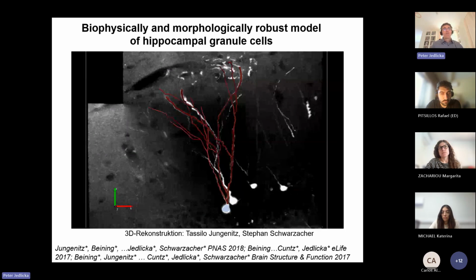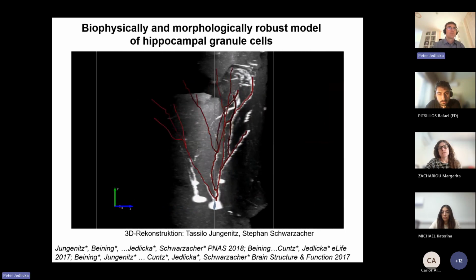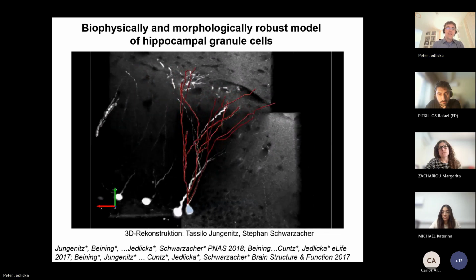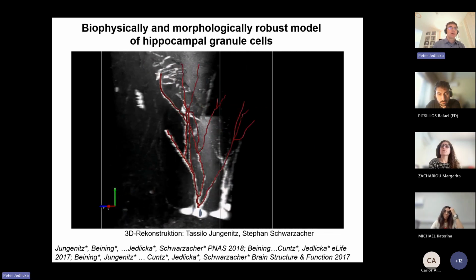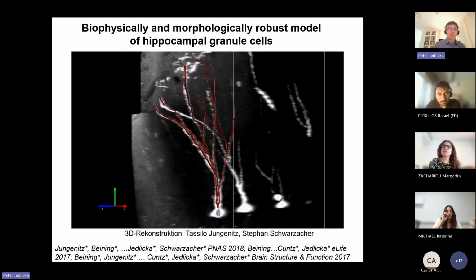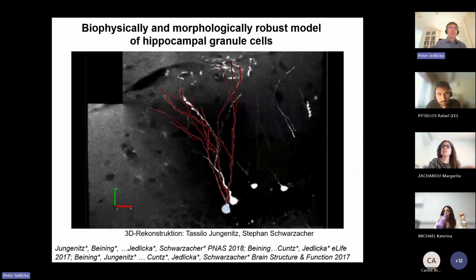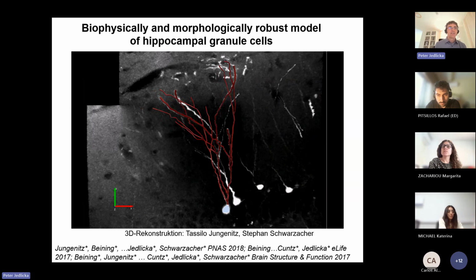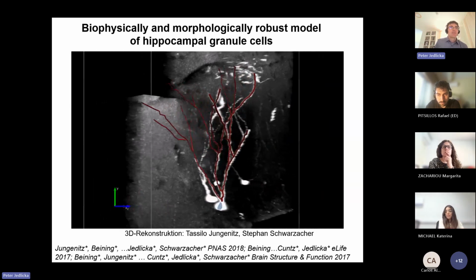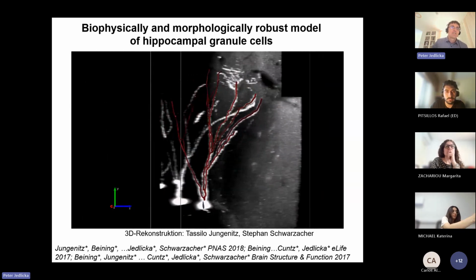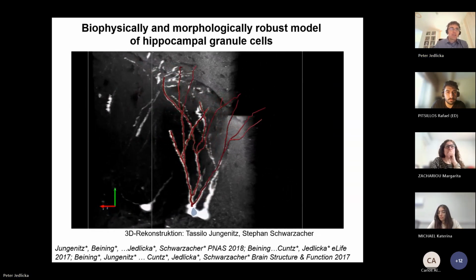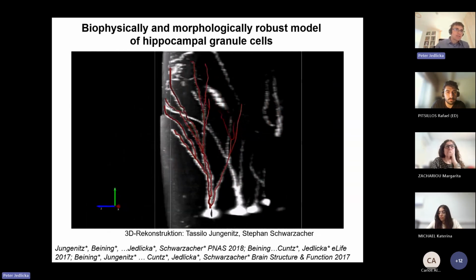Here I'm going to give you one example for a morphologically robust model of hippocampal granule cells. We created this back in 2017, but we still keep using it. Here you see the 3D morphology of these cells, because you need 3D reconstructions to create morphologically complex models, because morphology will change the conductances in the model, right?